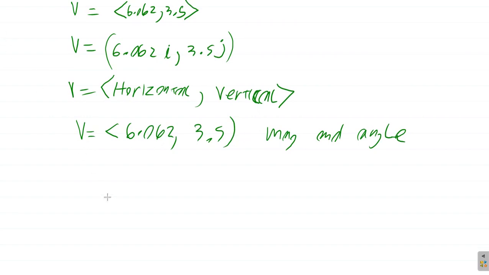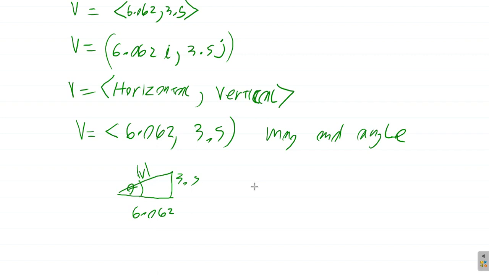What you can do, as rough work, is draw the 6.062 like so, and the 3.5 like so. Then you label the angle theta and the magnitude v, the small v, with the two vertical lines. And you know what to do after that.